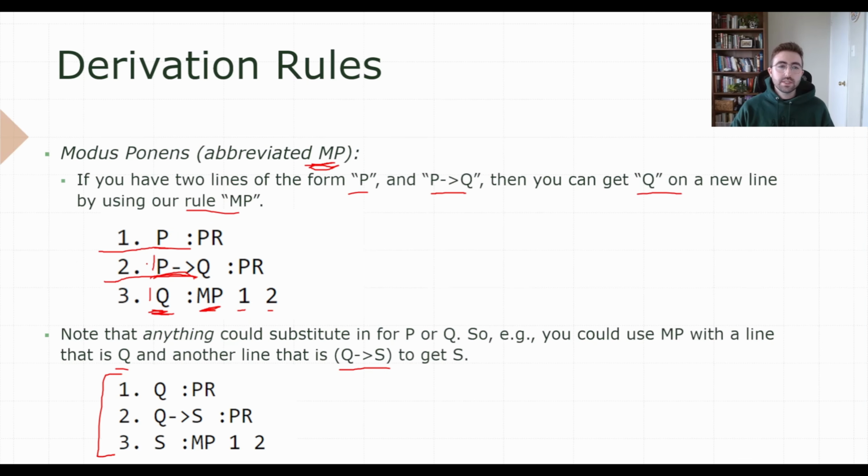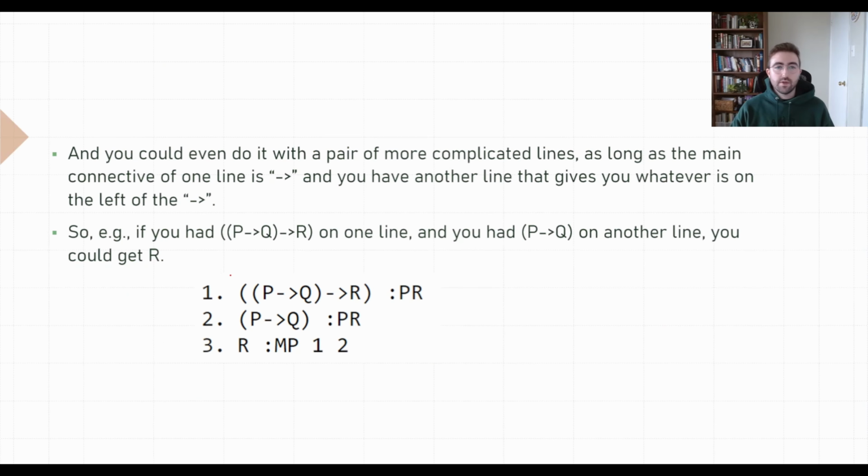In our simple example, we have if P then Q, where the main connective is the if-then, and we have a line with the left side of the arrow, just P. And so we can get the right side, Q.